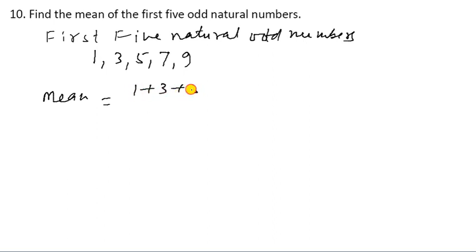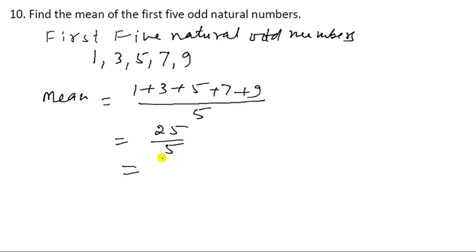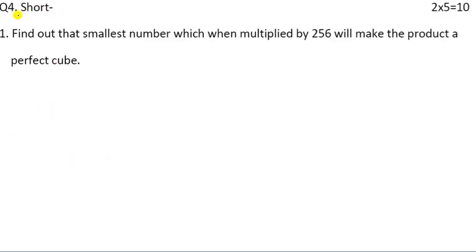First 5 natural odd numbers, that is 1, 3, 5, 7 and 9. Find the mean. Mean is equal to the sum of the numbers divided by how many numbers.